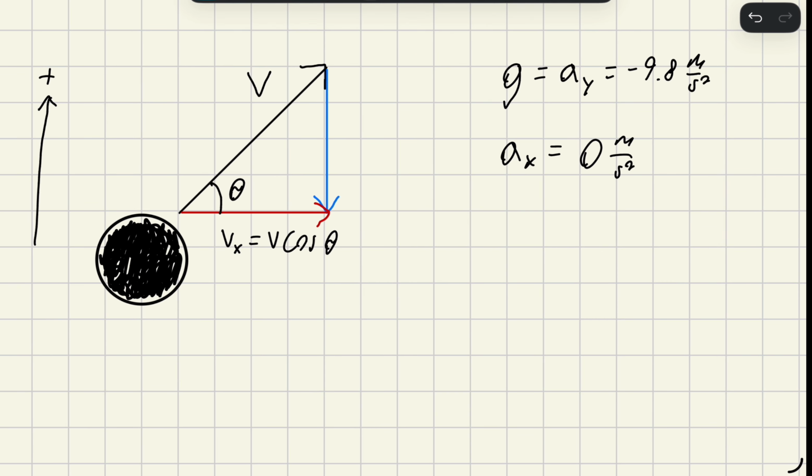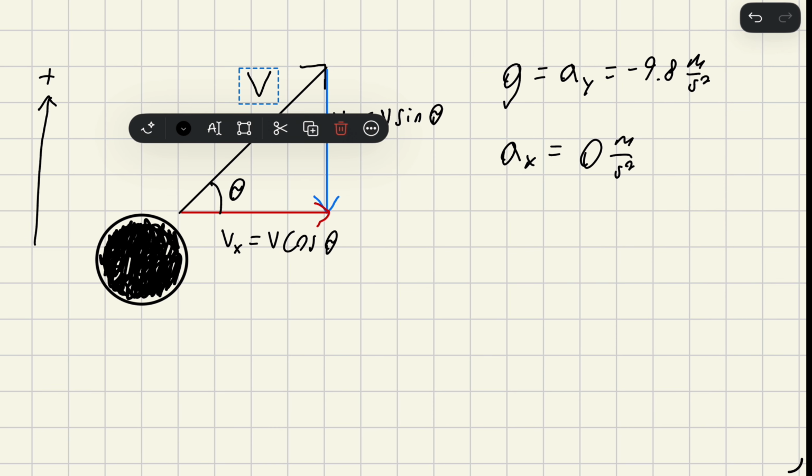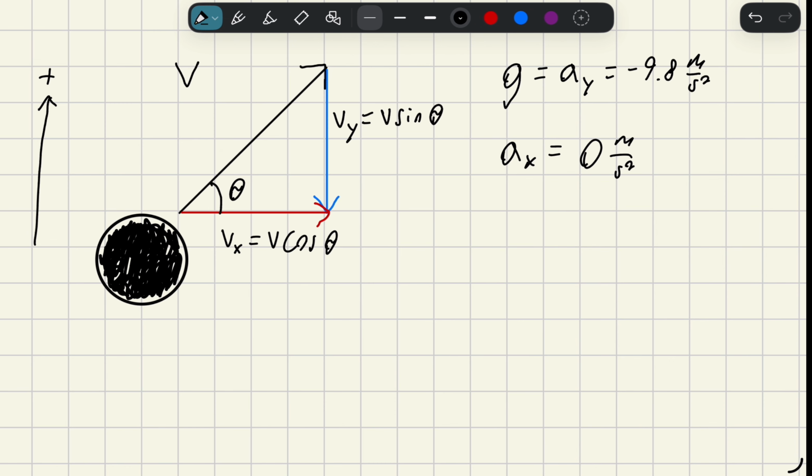And also through trigonometry, v sub y is equal to v sine theta. And we can solve the kinematic equations in the x and y directions. Let's give v and theta some values and see what happens.